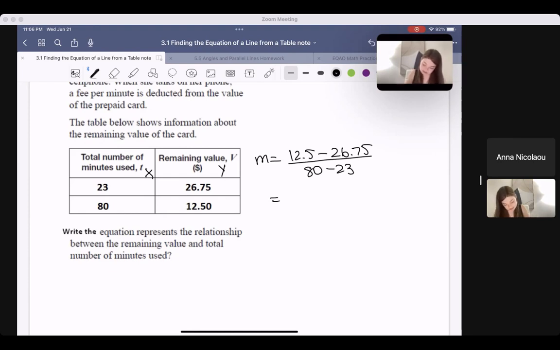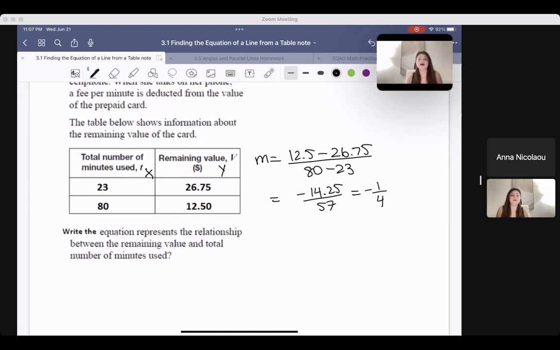So that's going to be negative 14.25 over 80 minus 23, which is 57, which is actually negative a quarter. So there we go. There is our slope.